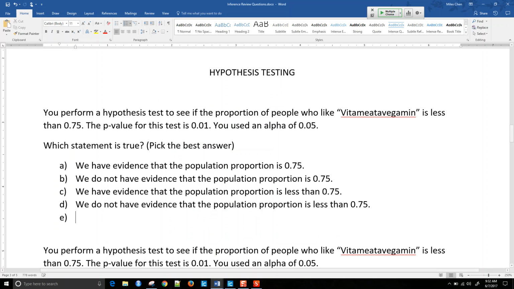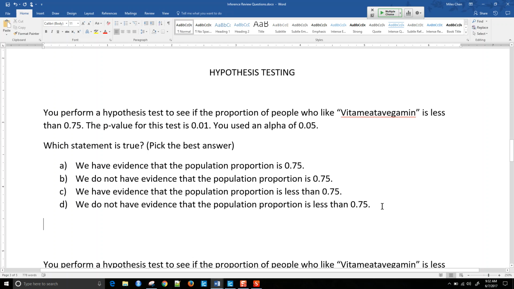What's going on here is the null hypothesis would be that P is equal to 75%, and the alternative would be that P is less than 75%, okay?